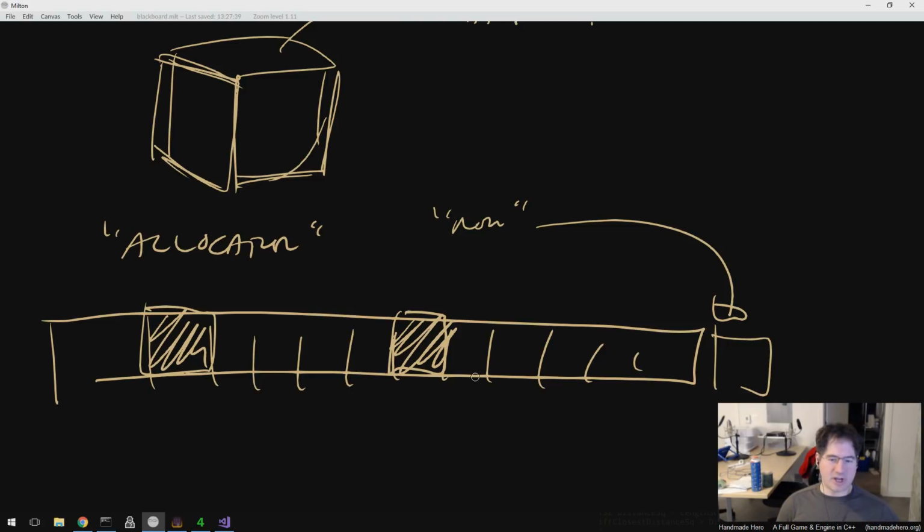So basically, you're talking about a second pass over the buffer, which is not a huge deal. It kind of seems like that would be fine.